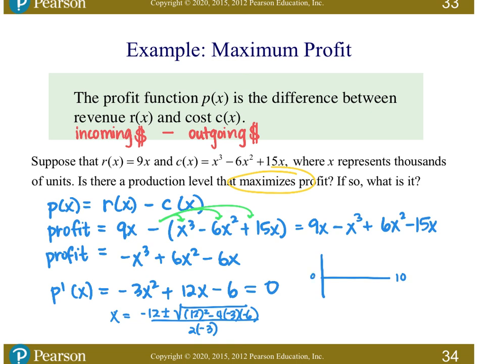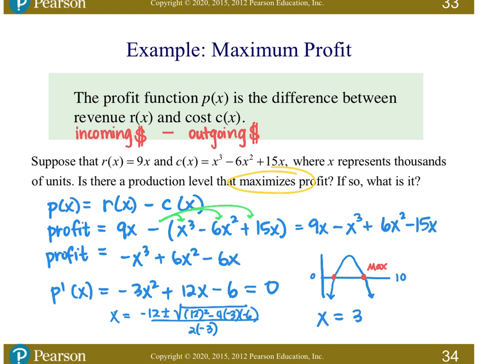Okay, I'm going to use 0 to 10. My graph looks like this. I have 2 answers. I want to pick the one that would guarantee me to be the max. So that's going to be the one that's crossing from positive to negative. So either way, quadratic formula or Math 8 graph, it's up to you.